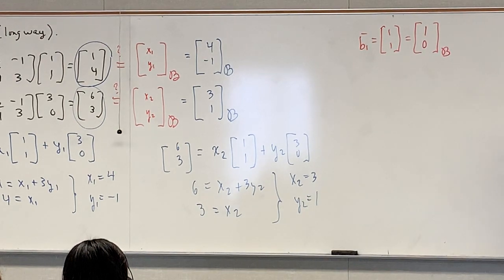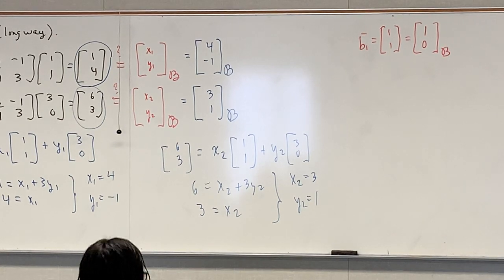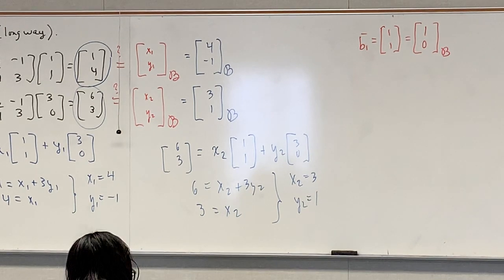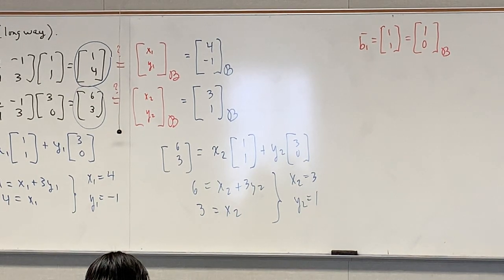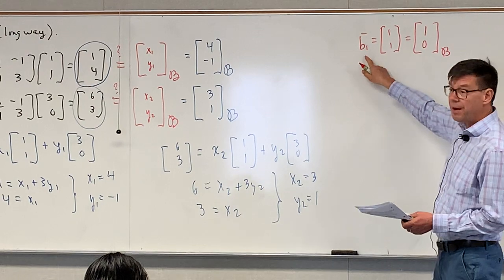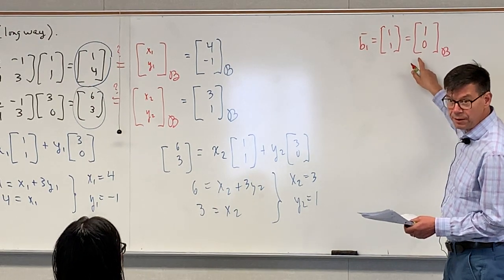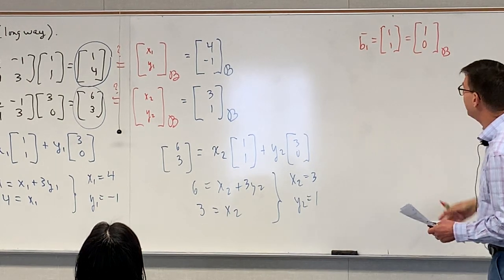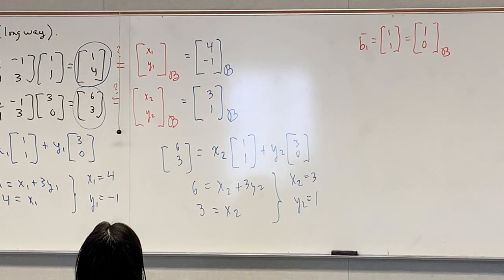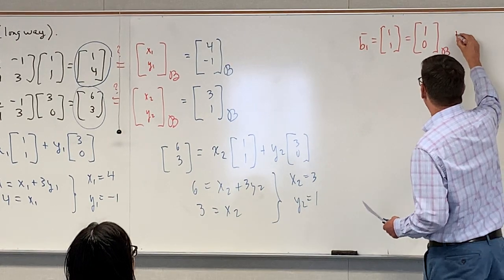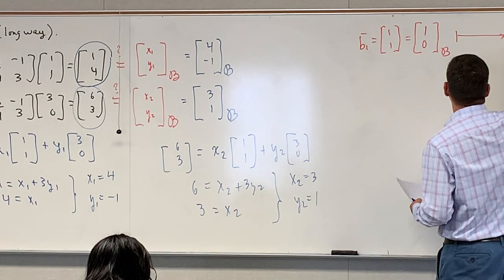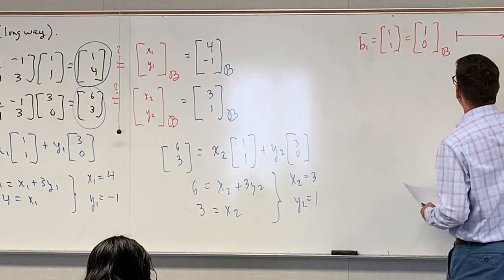Because b1 is equal to 1 times b1 plus 0 times b2. Right. So the b coordinates of b1 are just 1, 0. I mean, these are coordinates designed for that basis. So those basis vectors are going to look like, kind of like standard vectors in their own coordinate system. And so under this transformation, 1, 0 in b coordinates corresponds to 4, negative 1 in b coordinates.